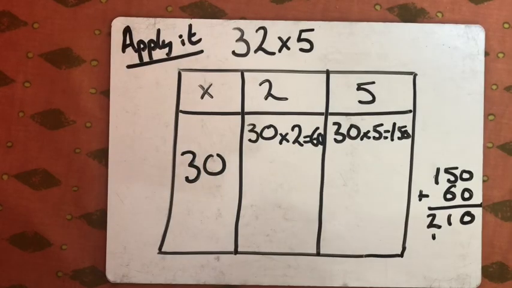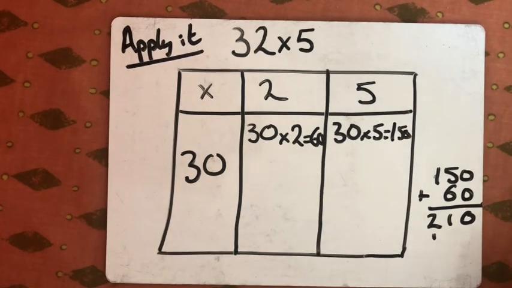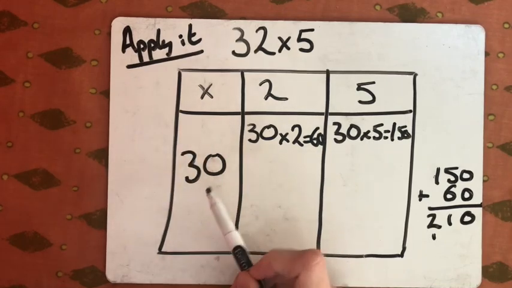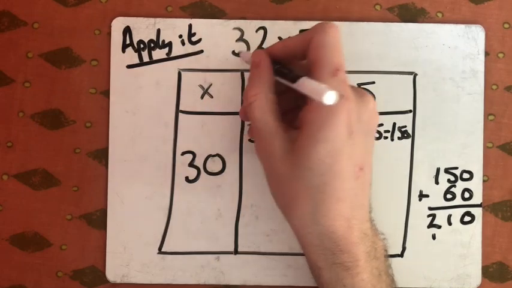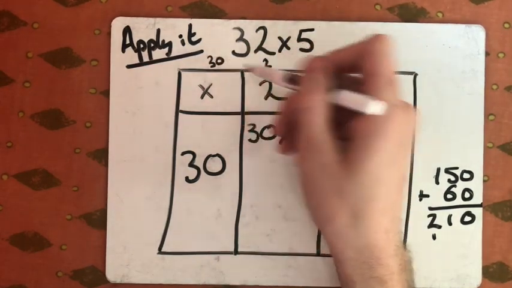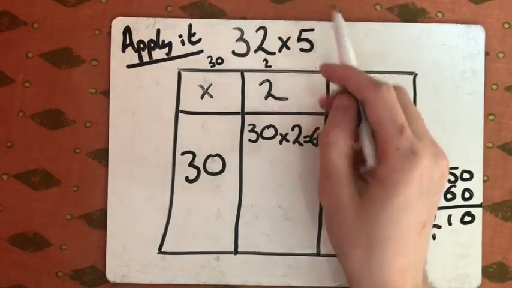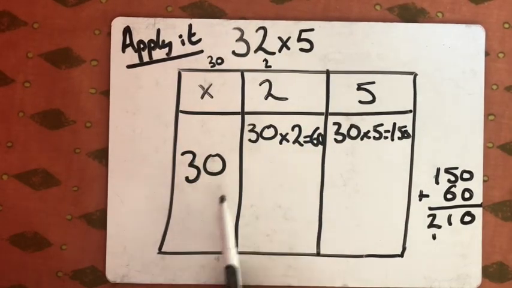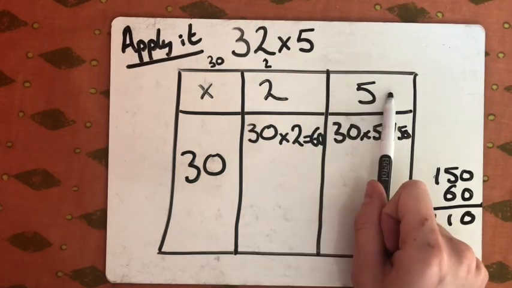Right, hopefully you've had a bit of time just to look through the question here and try and spot the mistake that's been made. So those of you that have spotted it, if we have a look here, we've partitioned the 32 into 30 and 2, into 3 tens and 2 ones, and we've still got the 5 ones. Now, when we've moved from here to the grid, you can see the 30 is here, and we've got 2 up here and the 5 there.